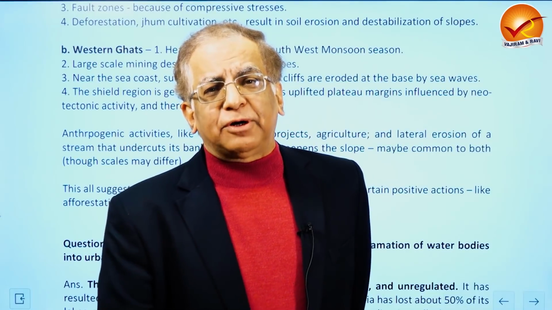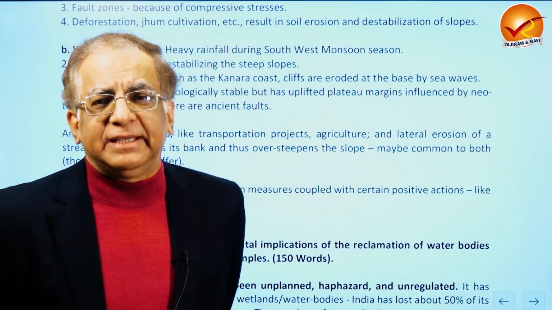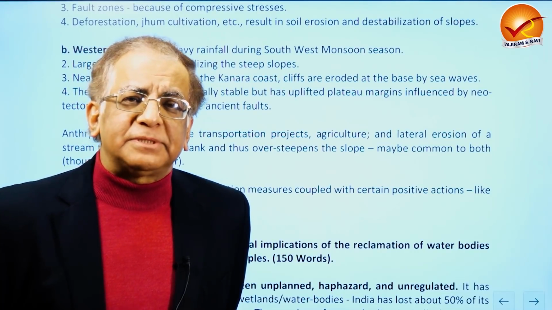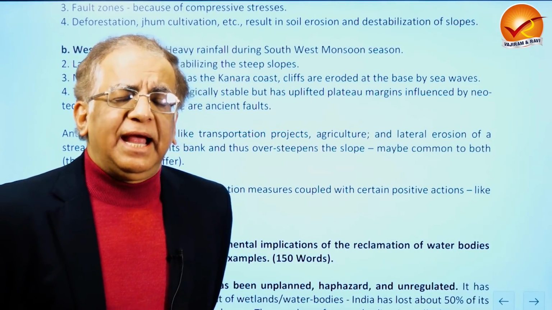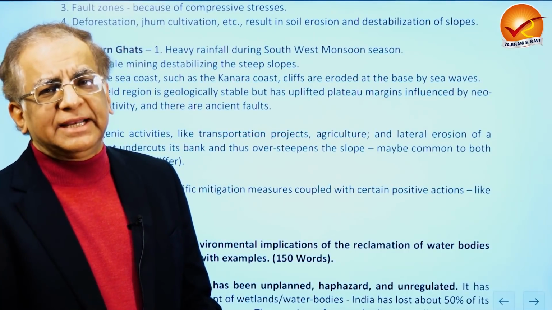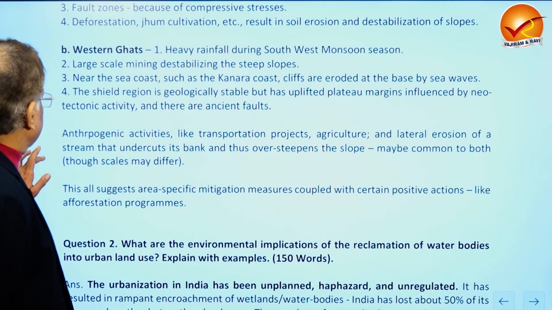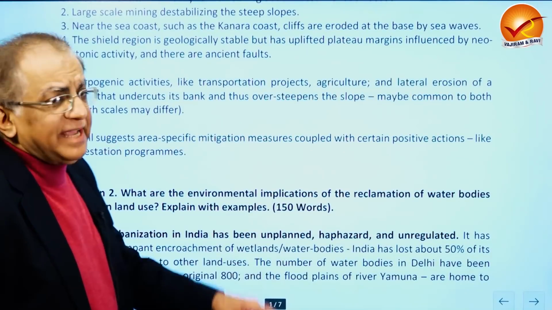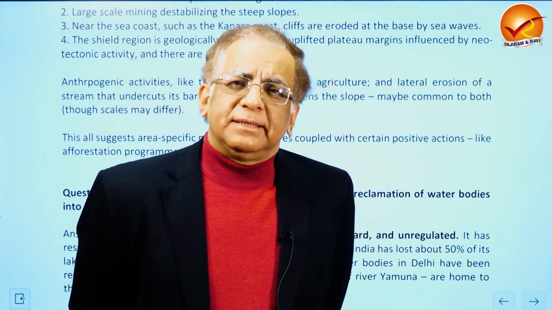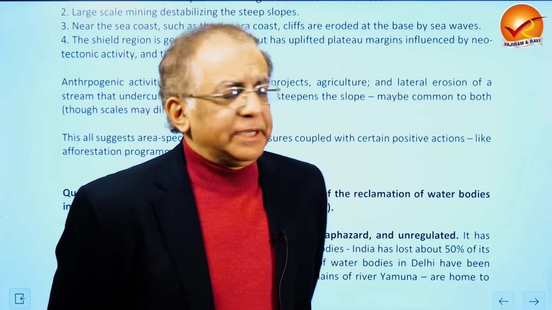Means the action of the water of the ocean may lead to more erosion at the base of the steep slopes, the scarps which we call, and that base erosion may lead to destabilization, and there may be an immediate collapse sometimes of those slopes. So these are the main differences we have for the landslides of the Himalayas and the Western Ghats.